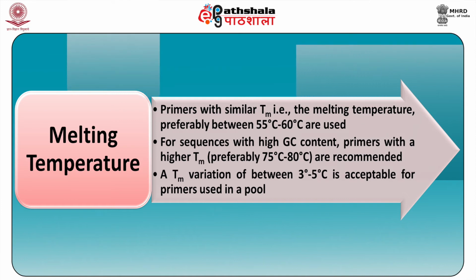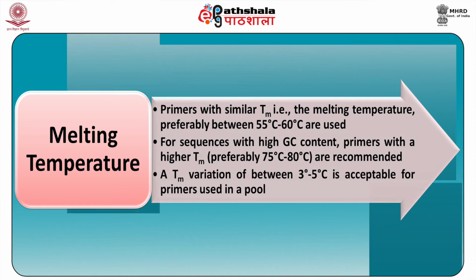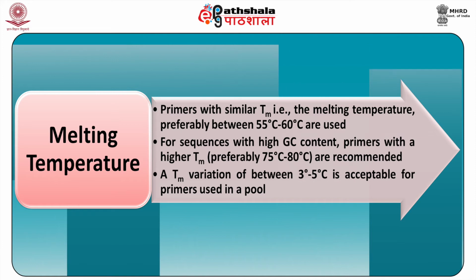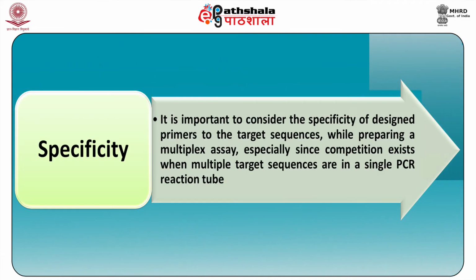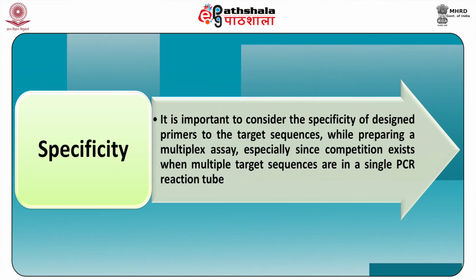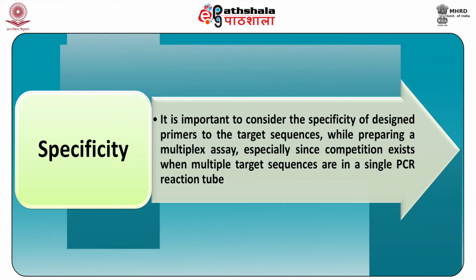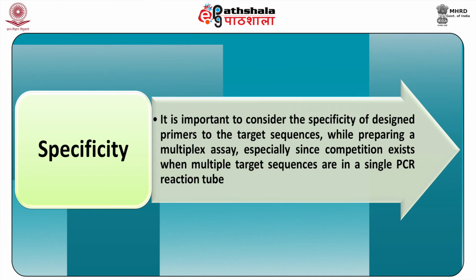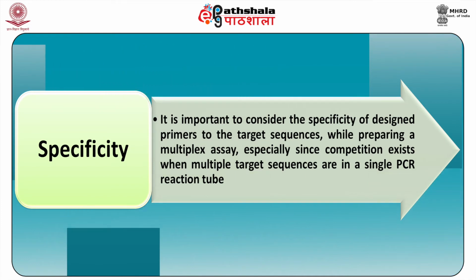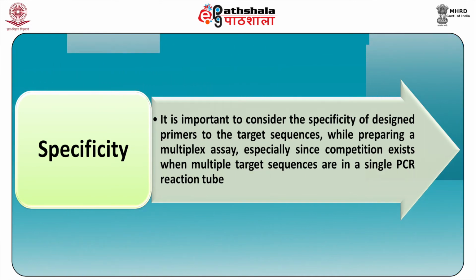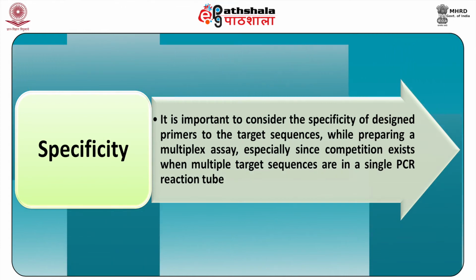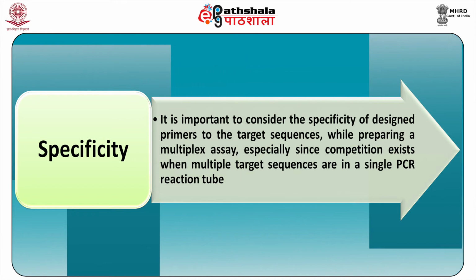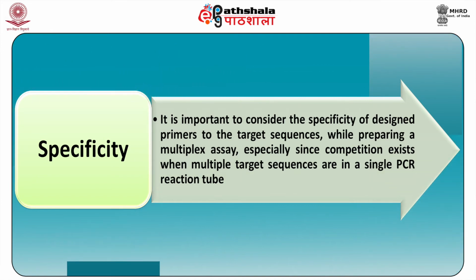A variation in this melting temperature of between 3 to 5 degrees Celsius is acceptable for primers used in the pool. Third, the specificity. It is important to consider the specificity of designed primers to the target sequences while preparing a multiplex assay, especially since competition exists between multiple target sequences in a single PCR reaction tube.